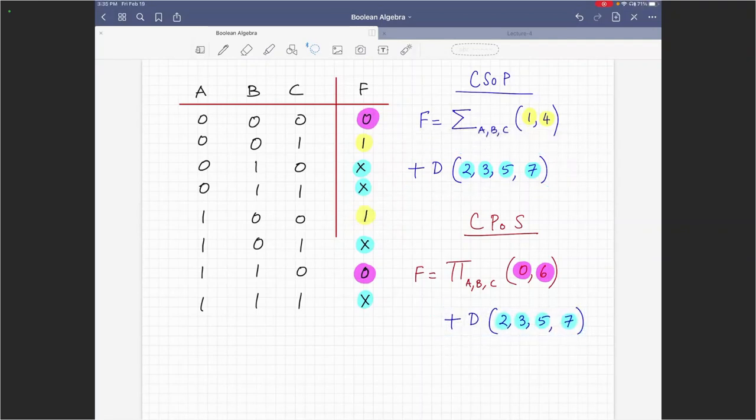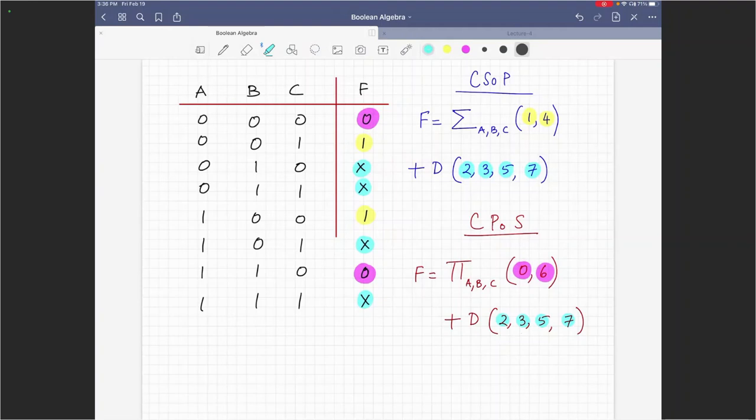It could be a 0, it could be a 1. So it should fall in both categories. You guys see that? So you have got canonical sum of product, in which you know how to deal with at least representing a don't care even in the canonical product of sum.